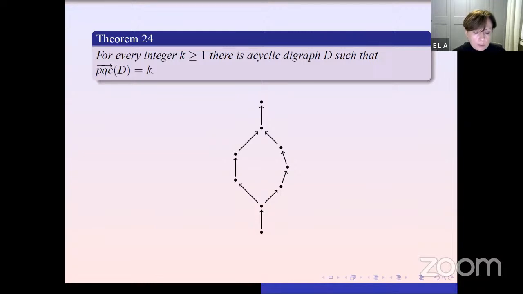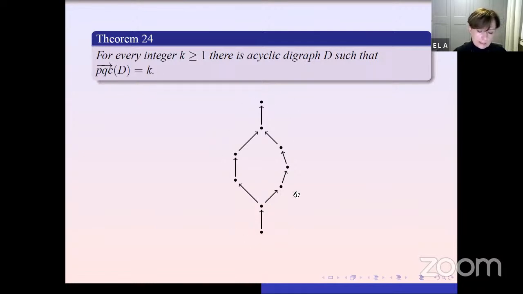I will show only a sketch of the construction for k equal to 4, how we can construct the acyclic digraph with the proper quasi-connection number equal to 4.